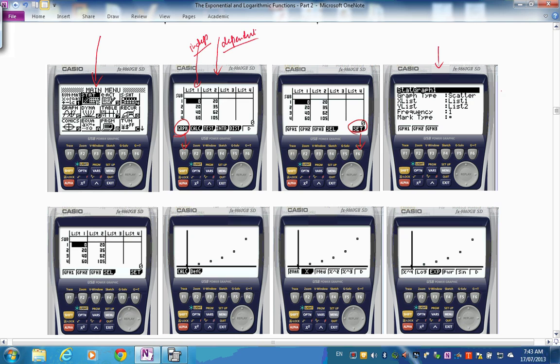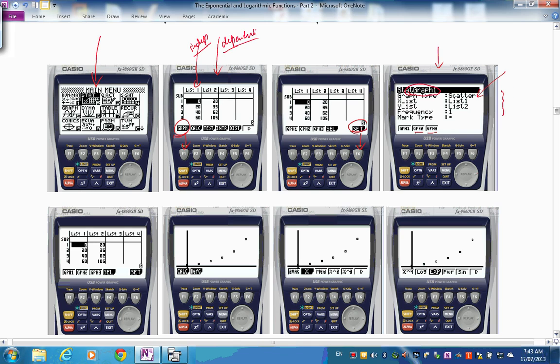Now it's very, very important that we define stat graph 1, so we're going to define stat graph 1 and draw that in a minute. So stat graph 1, we could do graph 2 or graph 3, but let's just put in graph 1 there. So first of all, we want to make sure it's a scatter graph.